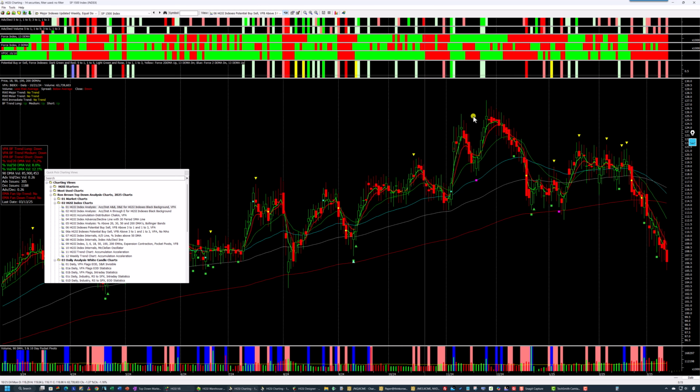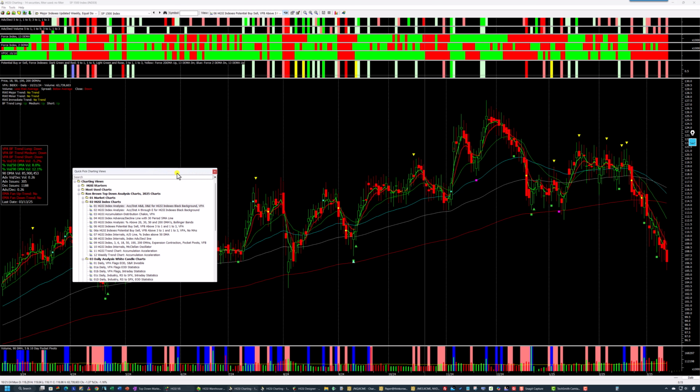It's not a perfect indicator, nothing is, but it really gives me insight into what is happening based upon the volume and the advancers versus decliners and the force indexes and the volume point of control. And the information is over here.